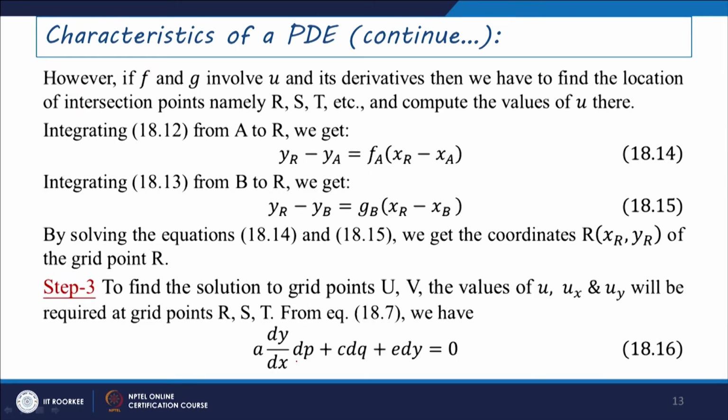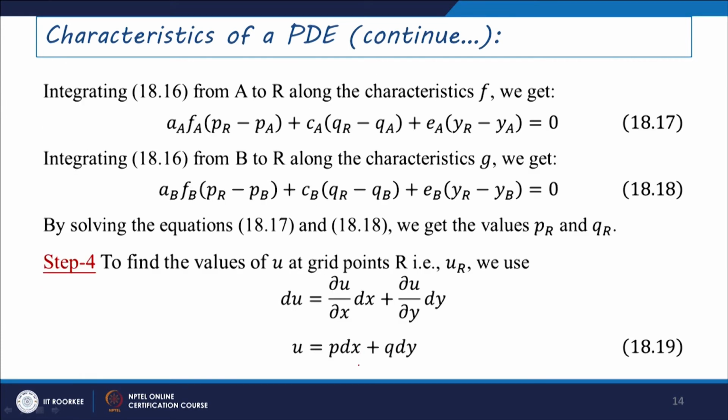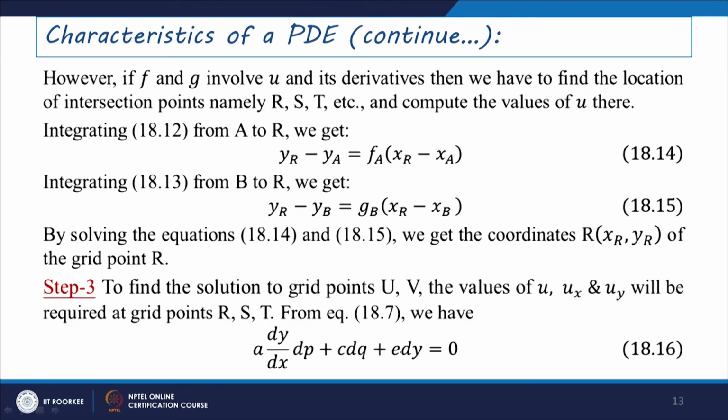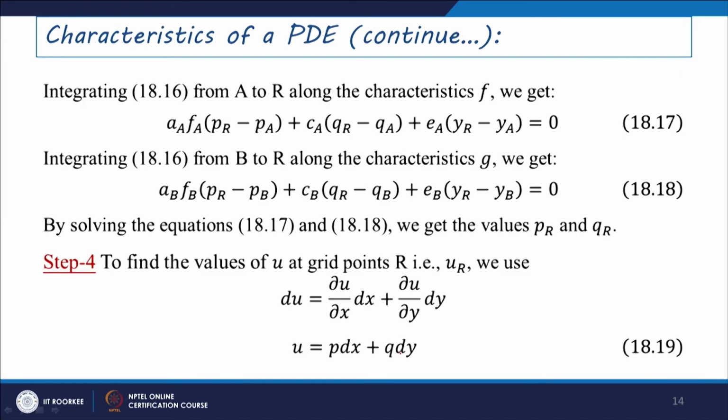Then c dq means the q range varies from A to R. So, ca into qr minus qa, plus e, which is defined at the point A, so ea plus dy is the range, yr minus ya, equals 0.